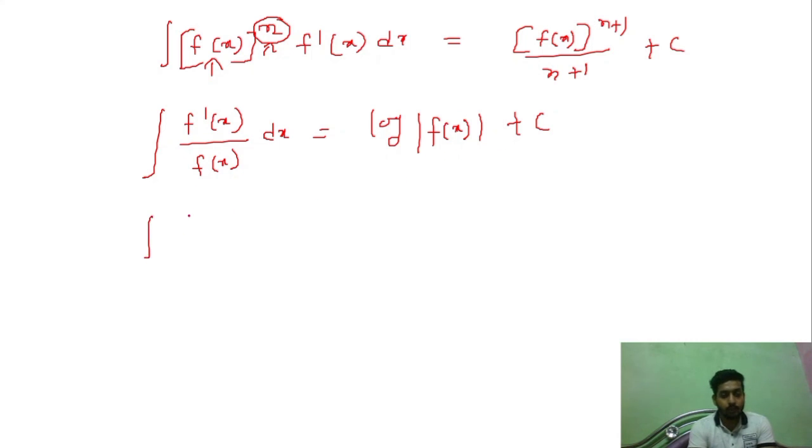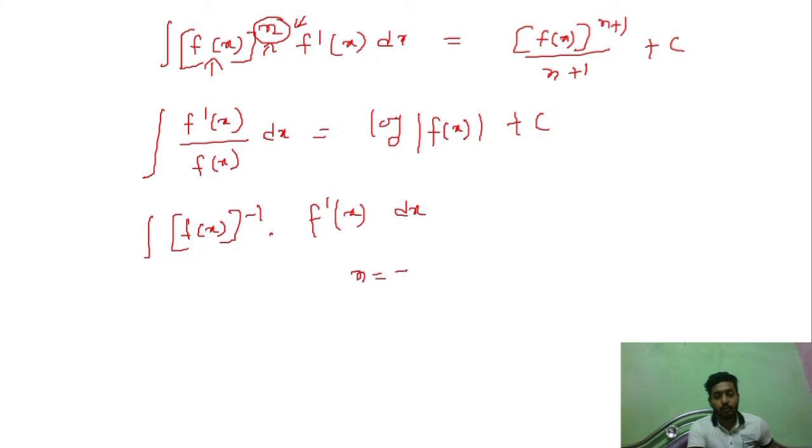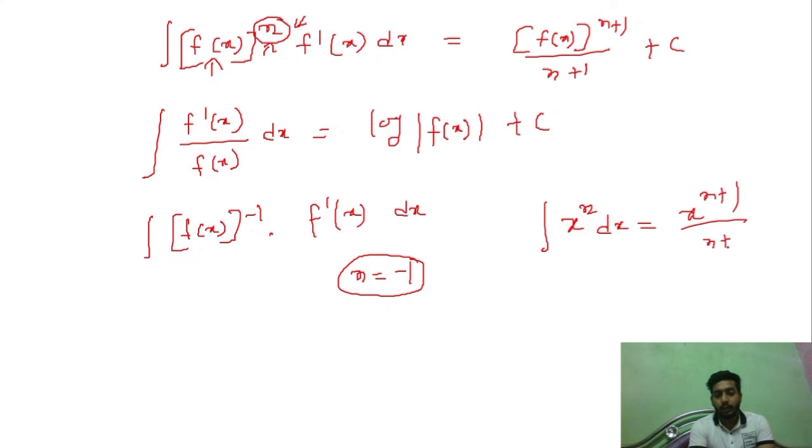So 1 by fx can be written as fx whole to the power minus 1 into f dash x dx. This is the form. If you compare both of them, we can see that here n is minus 1. Integration of x to the power n dx is x to the power n plus 1 by n plus 1.